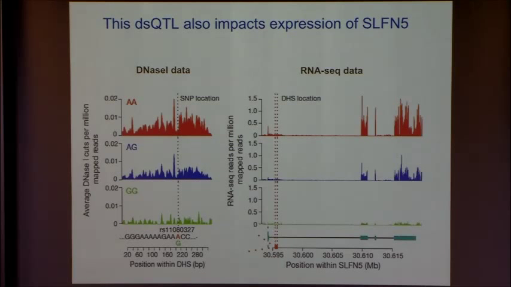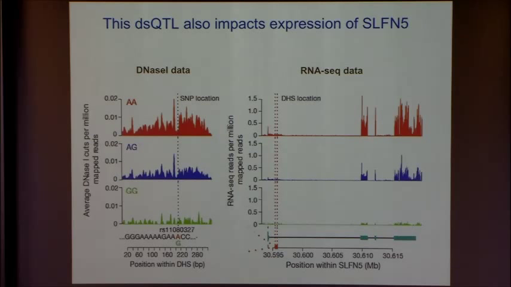And this hypersensitive site is in the neighborhood of this gene here. And you can see that the sensitive genotype for this DHS located here produces relatively high gene expression. The GG genotype has this gene virtually turned off.